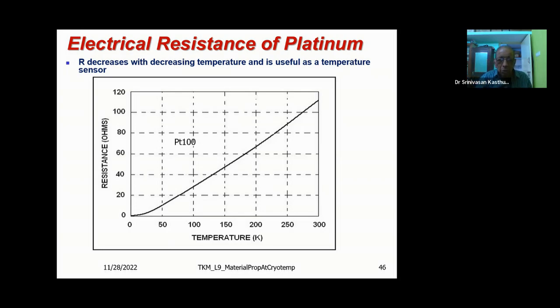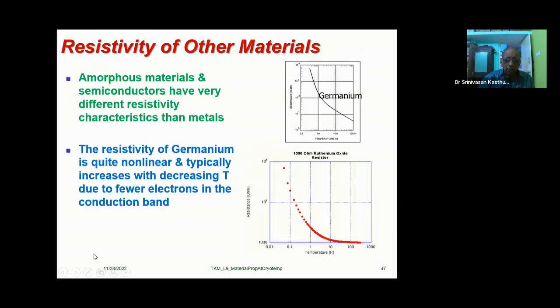So this can be used as a thermometer. So for example, if I take PT100, which means 100 ohms of resistance value at 273 Kelvin, or in other words, 0 degree centigrade. PT500 or PT1000 are the different resistance values that are normally available.